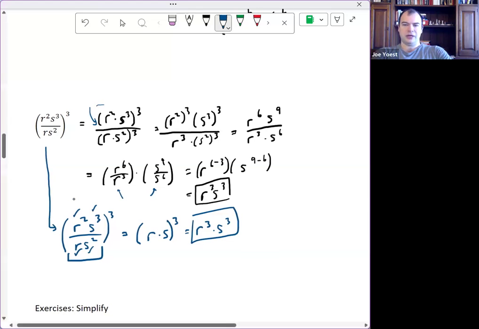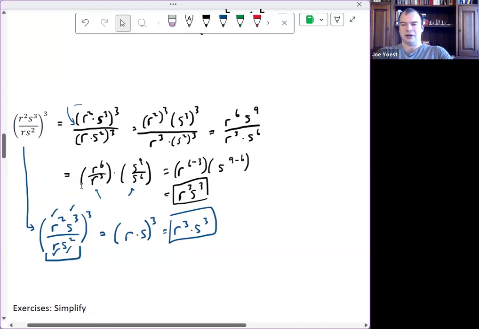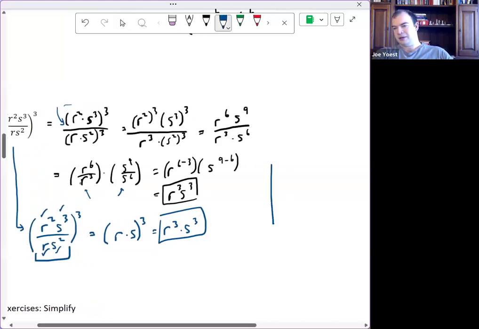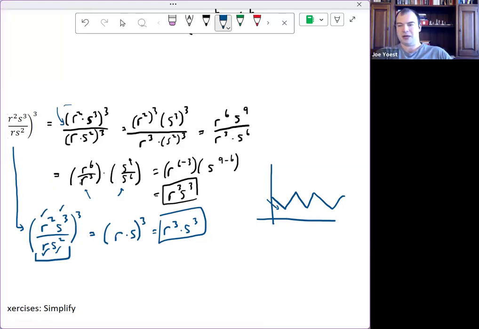I always want to look for ways to decrease complexity before I increase it again, right? I always want my complexity pattern to look like a sawtooth. I simplify, decrease complexity, and then I do an operation, maybe a distributive property, that increases complexity again. And then I simplify as much as I can before I do another operation.